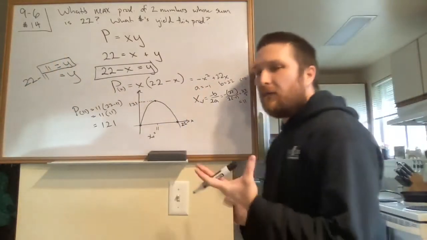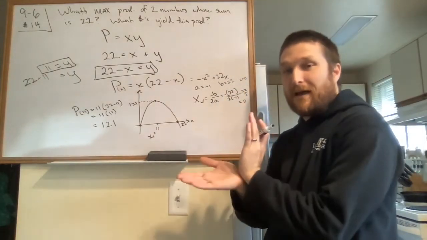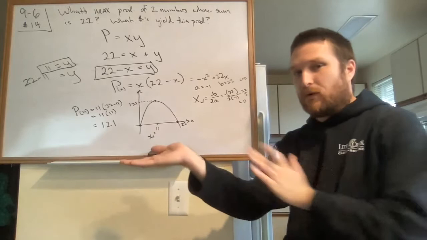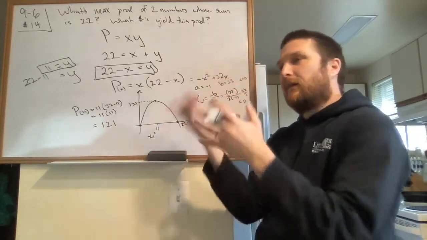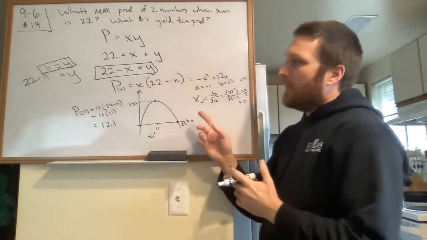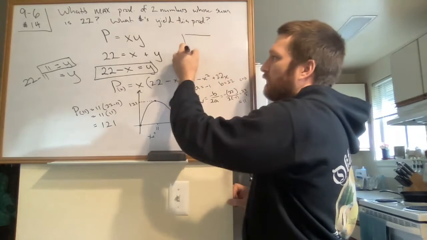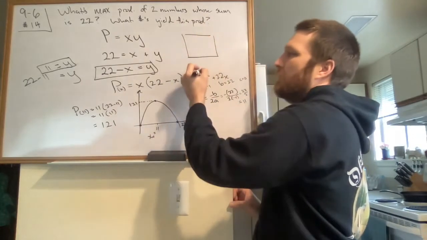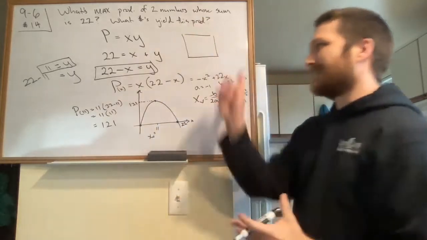And what do you know? If we had set this up like an area, right? Like what values this way and this way, and so on and so forth, we would have also found that we end up with a square, just like with the last problem. We're constrained by some amount of stuff. In this case, it doesn't go all the way around.